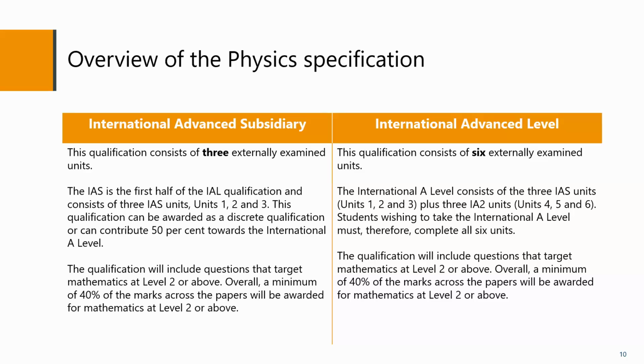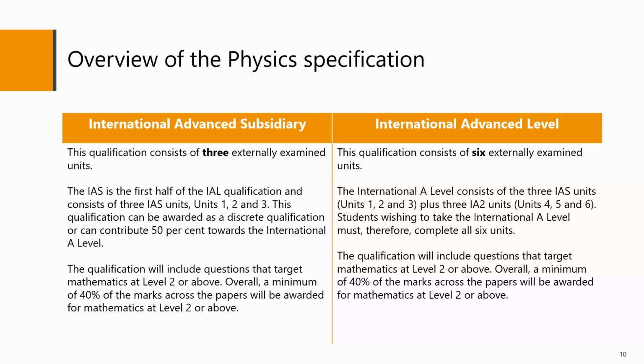This is a summary from the specification of the unit breakdown in both the IAS and the IA level qualifications. The slide also shows how the specification content pages give more information, for example, identifying which formulae need to be able to be used rather than just remembered. So the IAS qualification consists of 3 externally examined units. It's the first half of the full A level and consists of 3 units, 1, 2 and 3.